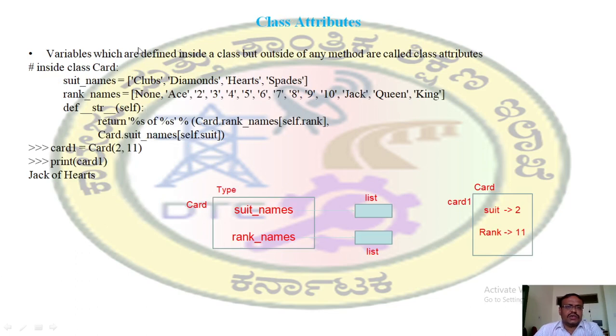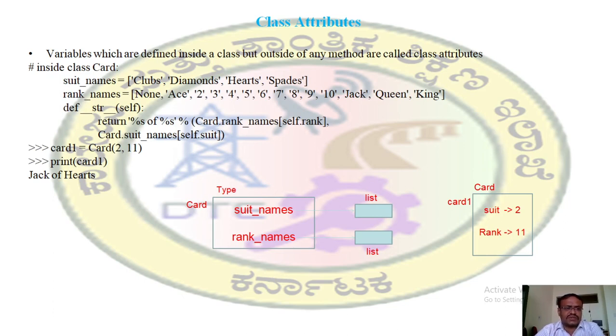Let us try to bring more things into the playing cards. We have something called class attributes. Variables which are defined inside a class but outside of any method are called class attributes. Those variables which are defined inside the class but outside any of the methods are called class attributes.